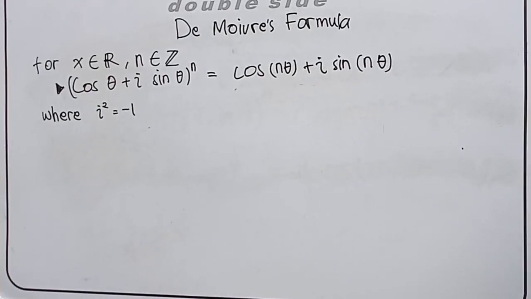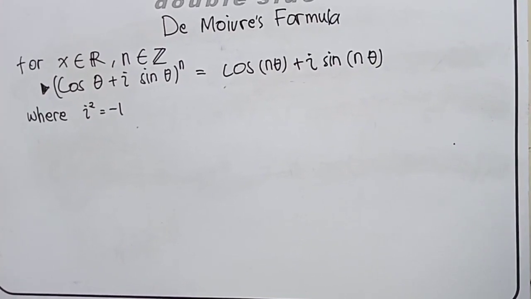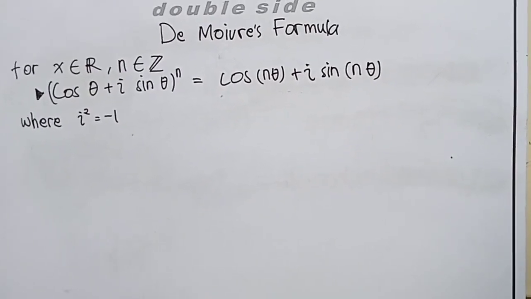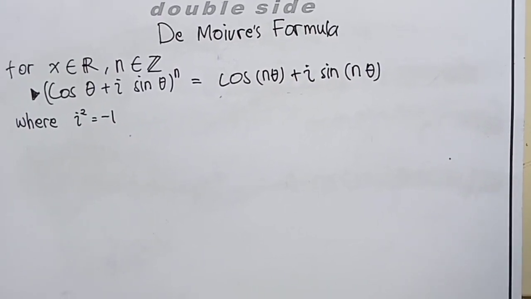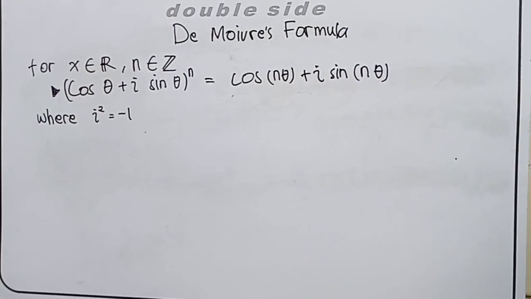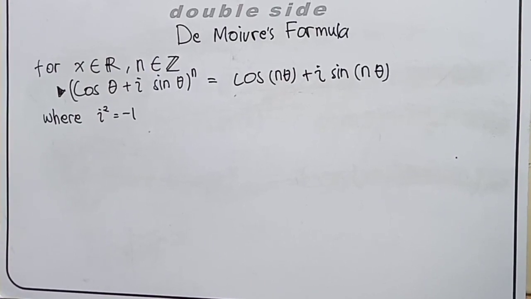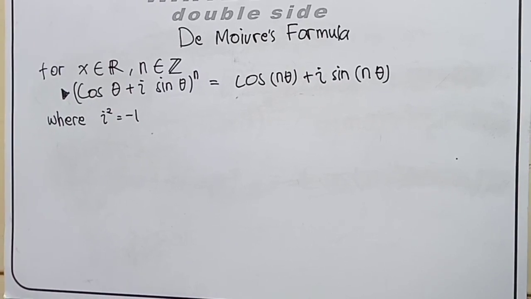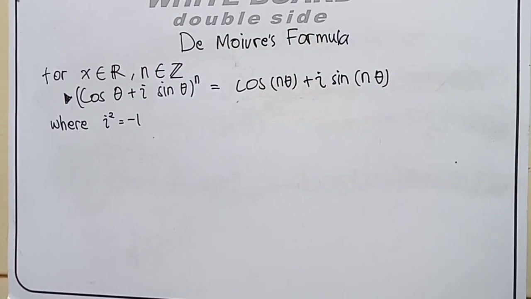In the power of complex numbers, there's De Moivre's formula. De Moivre's formula states that for x an element of real numbers and n an element of integers, it holds that cosine theta plus i sine theta to the power of n is equal to cosine n theta plus i sine n theta, where i squared is equal to negative 1.